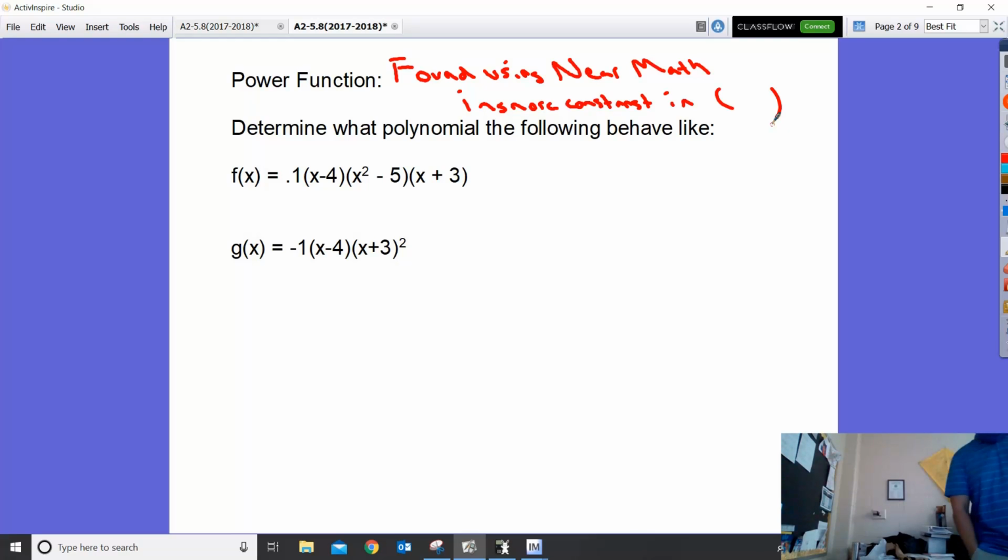So if I was to ignore the constants in f of x, just pretend they're not there, I'd ignore that -4, I'd ignore that 5, and I'd ignore that 3. I'd leave 8 out there. I'm just going to ignore the constants inside, and I do a little Milbrath-Math. I just focus on the x's and put them all together. I have x times x squared times x. I have x to what power? To the 4th.